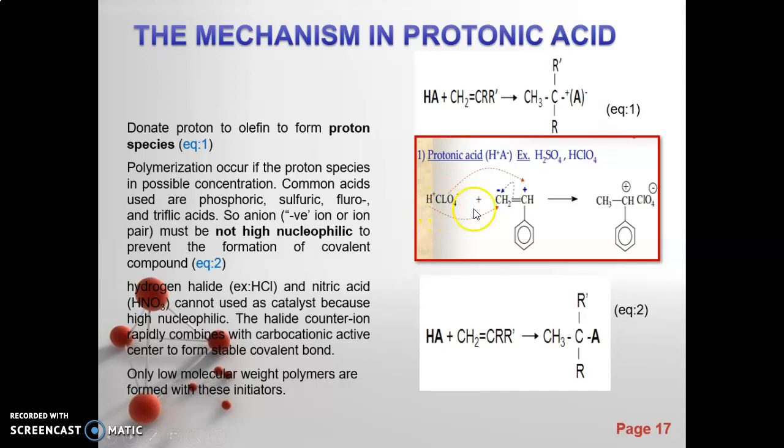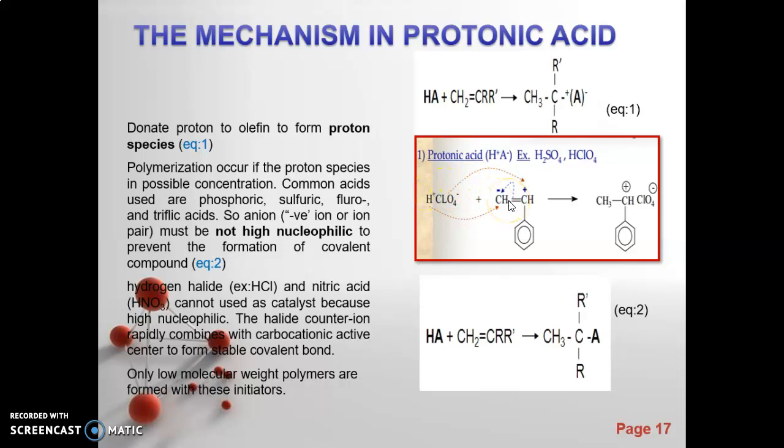So proton and counter ion in association will react with monomer to produce stable covalent bond. So we can see here the direct addition of proton here, H plus, to the olefin ataupun kepada monomer ni. H plus will be donated to the monomer.